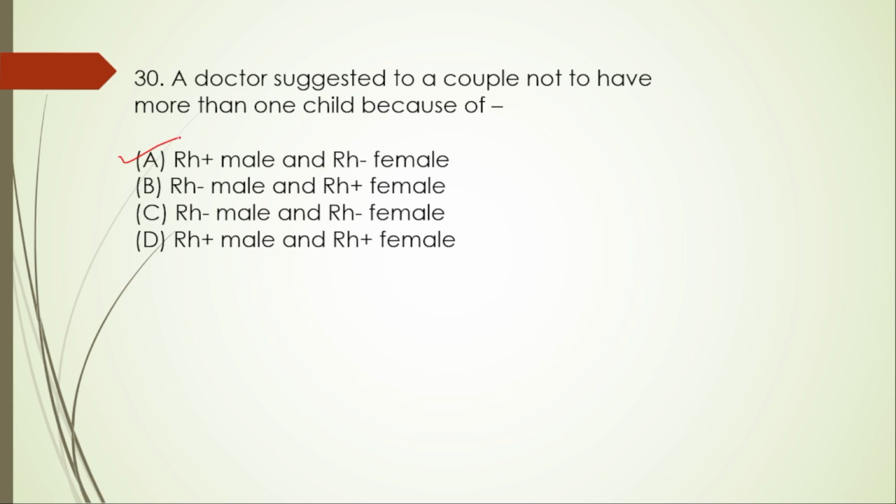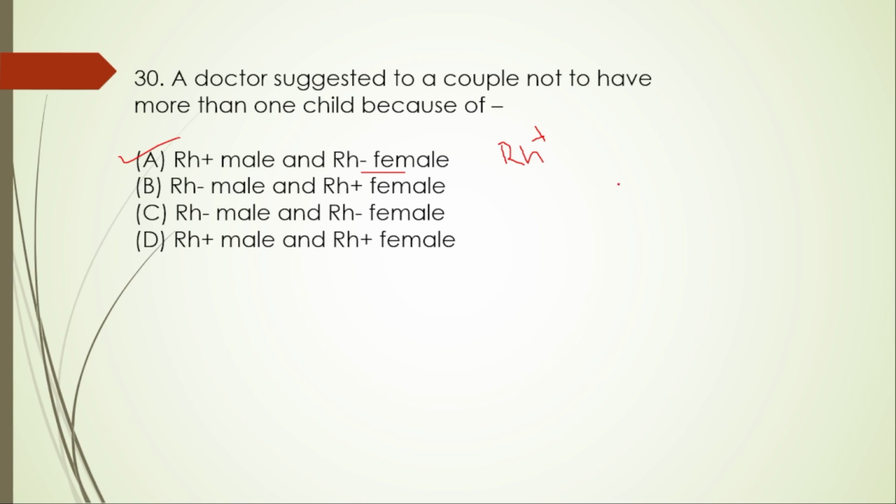Because this situation occurs due to the condition we call erythroblastosis fetalis, or you can also call it hemolytic disease, which is there in the newborn. During first pregnancy, what happens if an Rh negative female carries an Rh positive fetus, inherited from where?